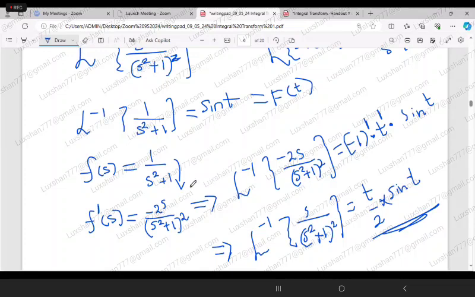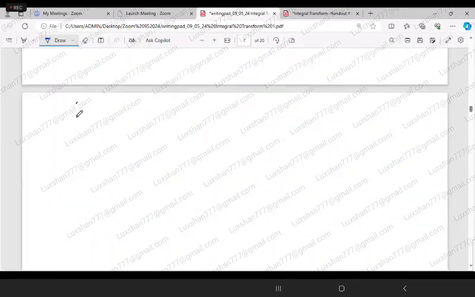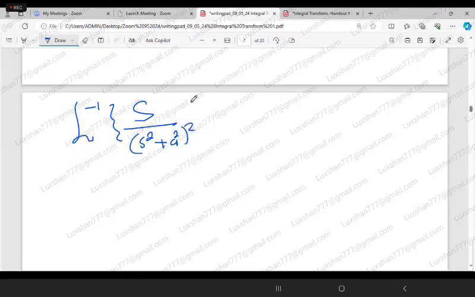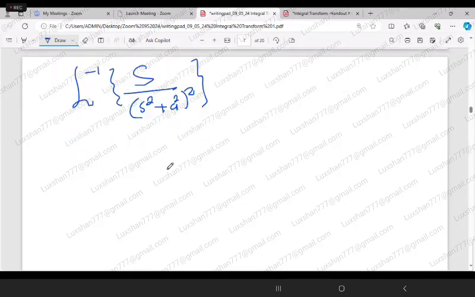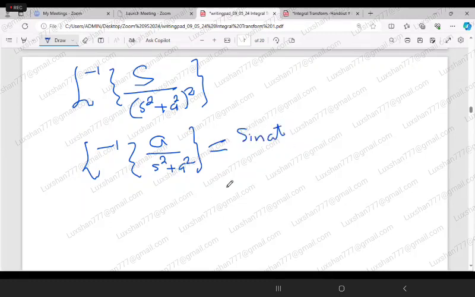So if you have something like this, say a similar one, the Laplace inverse of s over (s squared plus a squared) all squared. Here we know that the Laplace inverse of a over s squared plus a squared is equal to sin at.